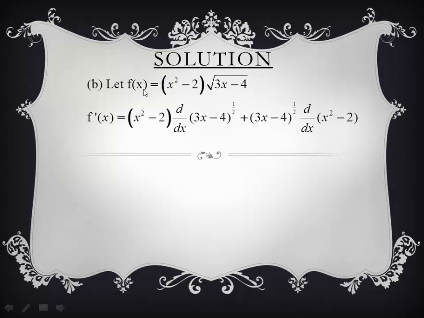We first let f(x) be the given expression. Again, the expression in front, we call it first, and the expression behind, we call it second. Then we do our cheer for f prime x: copy first, differentiate second, plus copy second, differentiate first.